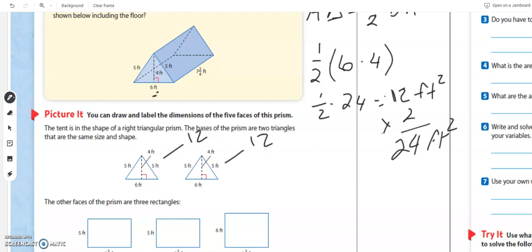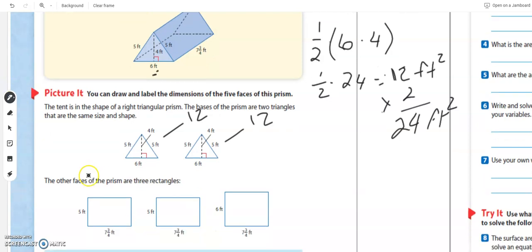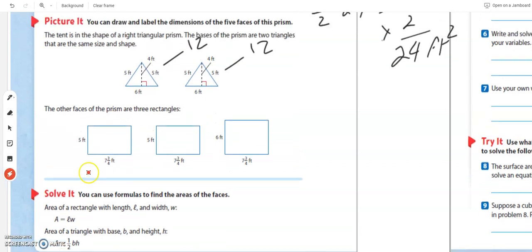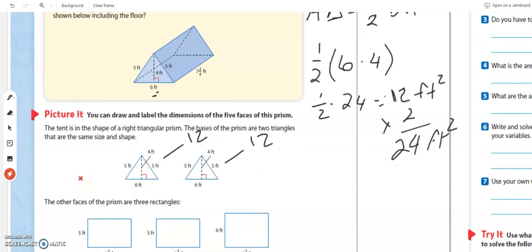And then the other sides of the triangular prism are these three sides. We've got the bottom of the prism, and then the two sides. The bottom of the triangle down here, this side here, and this other side here, which is behind it.